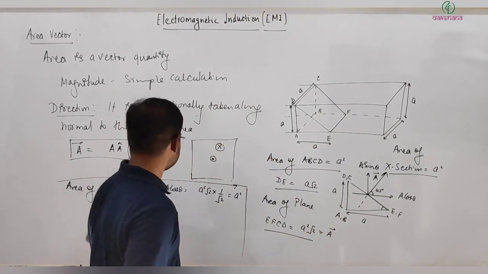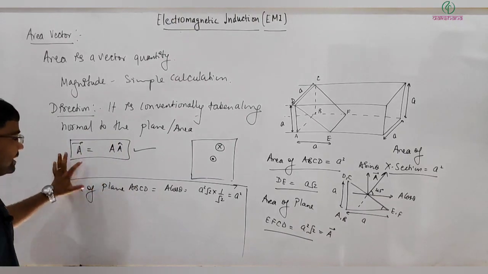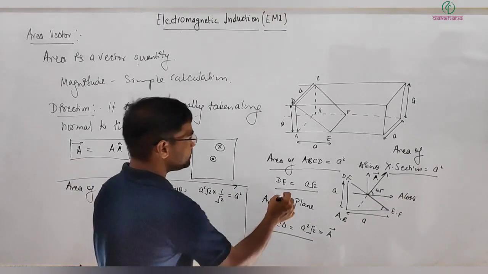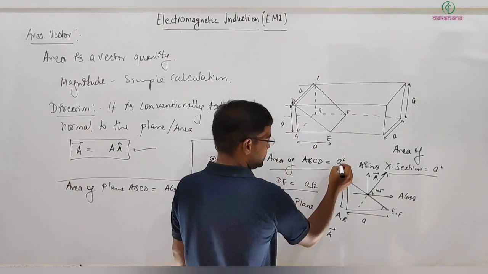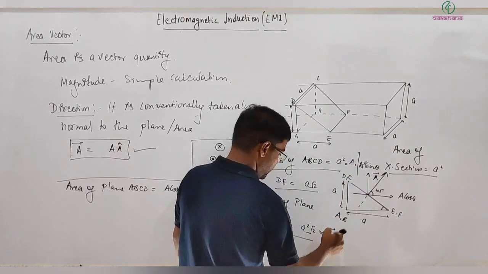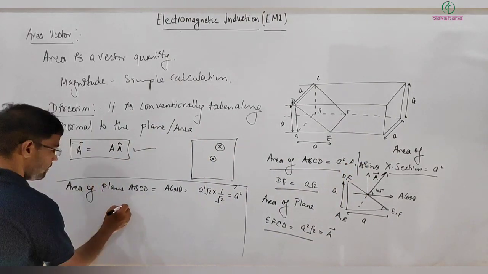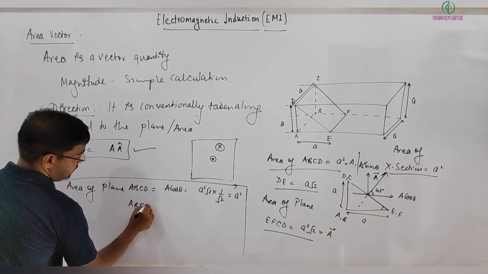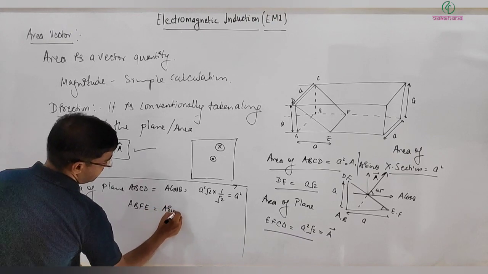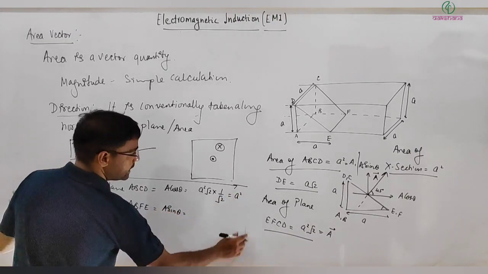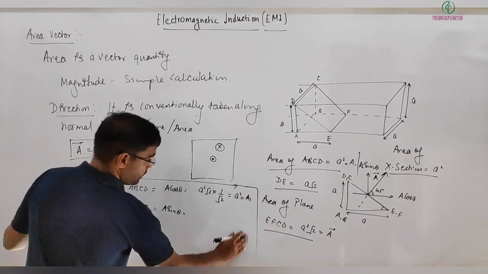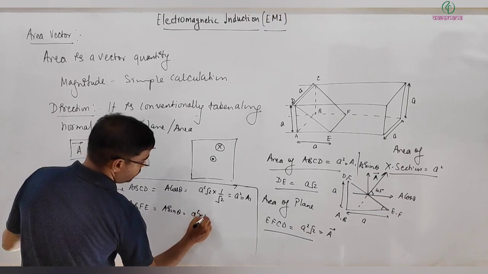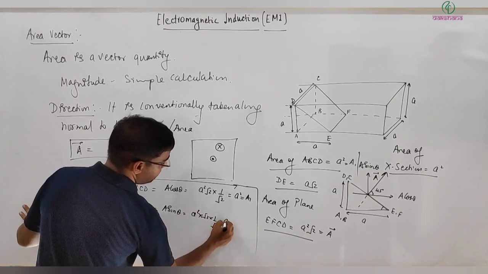So in general terms, the area vector is just like a normal and we can resolve it. Here, let's say this is A1, and the area of plane ABFE is A sin theta, which is also A square into root 2 into 1 by root 2, that is A square.